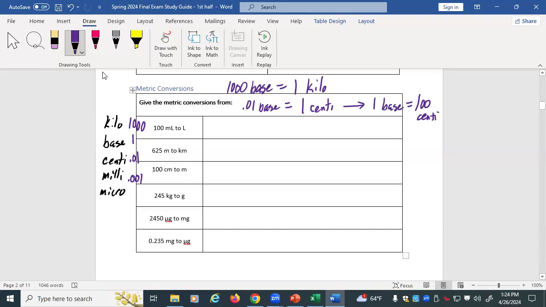And for micro, it's 1 millionth, or 10 to the -6. So again, the way that we can look at it is 10 to the -6 base is equal to 1 micro. Or what we did more often was 1 base is equal to 1 million micro.